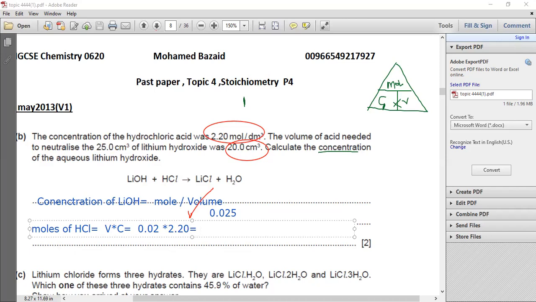What is the answer, Abdullah? 0.044. Now you have the number of moles of HCl. You can use it as a guide by using the mole ratio. Here is 1 and here is 1. So moles of LiOH as well, 0.044.